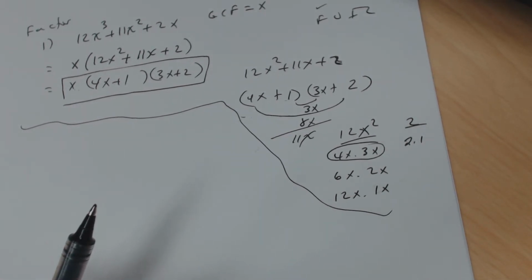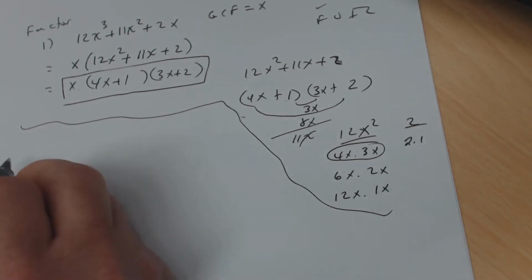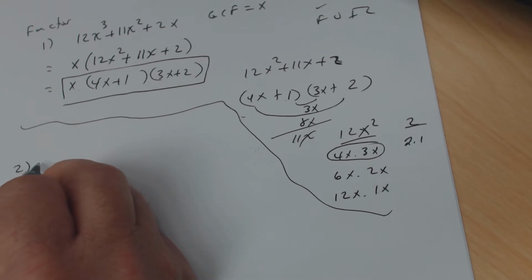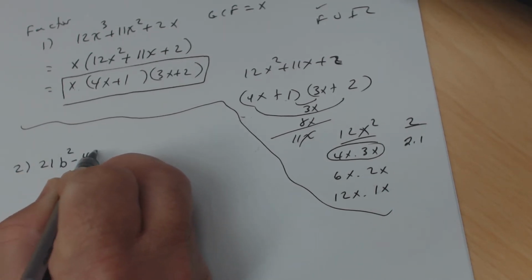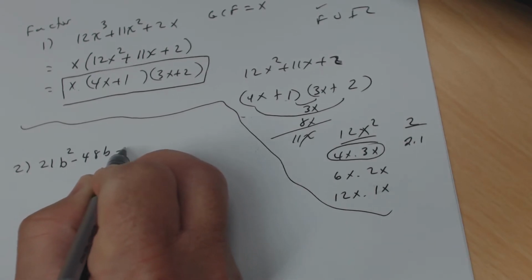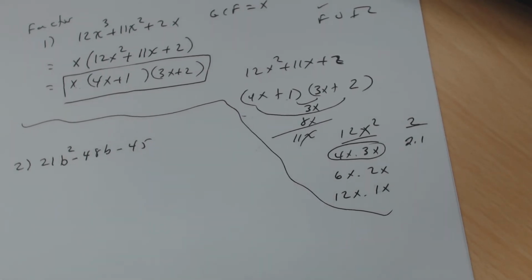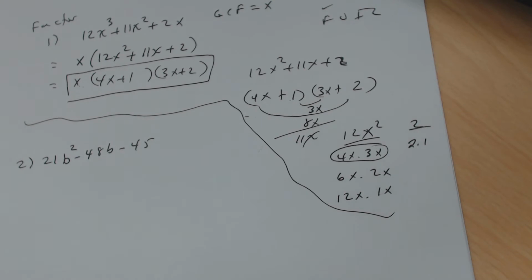Okay, number 2. Suppose we had 21b squared minus 48b minus 45.